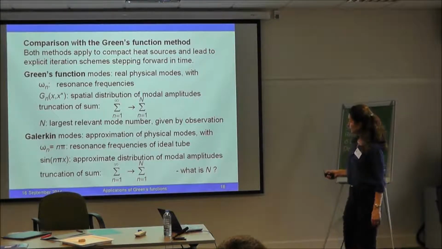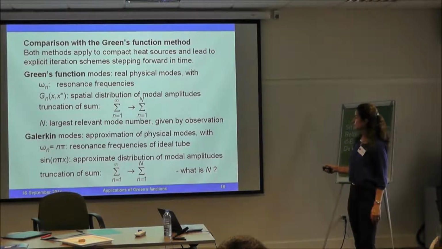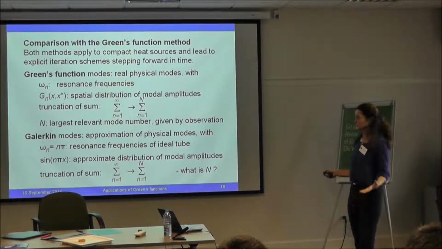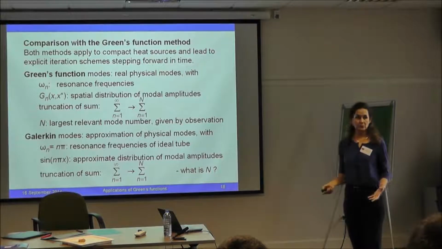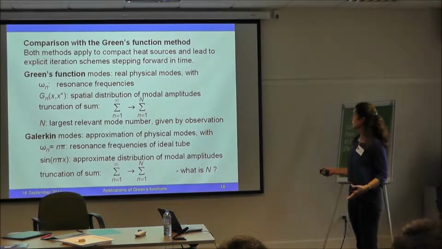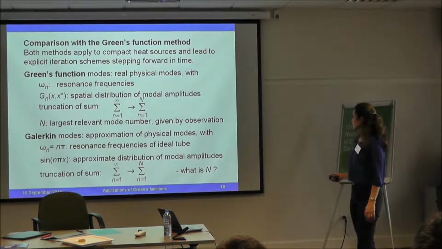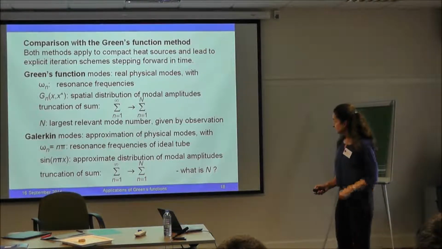So when we truncate this sum, which goes all the way to infinity, it's very easy to truncate that sensibly, to just see how many modes are important in the problem, and that gives you the upper limit for the sum. So n is the largest relevant mode number, and that's given by observation.